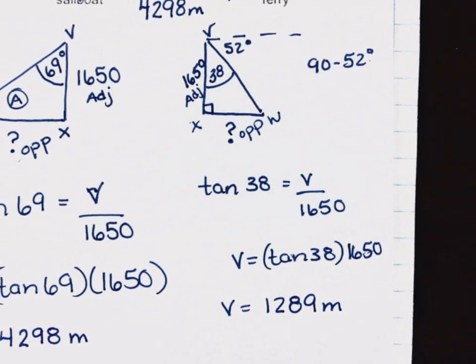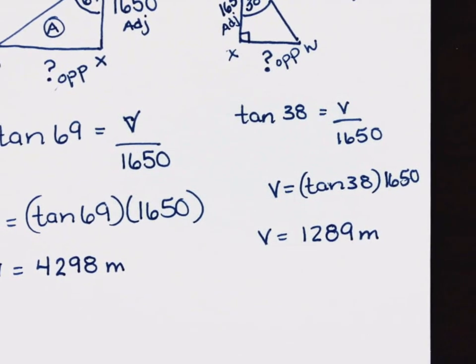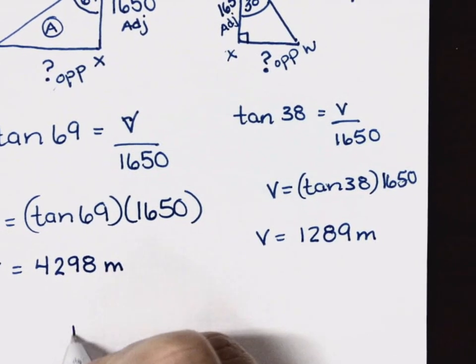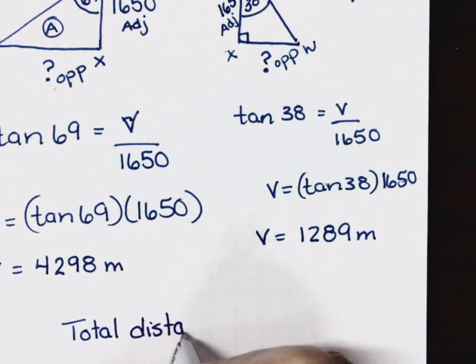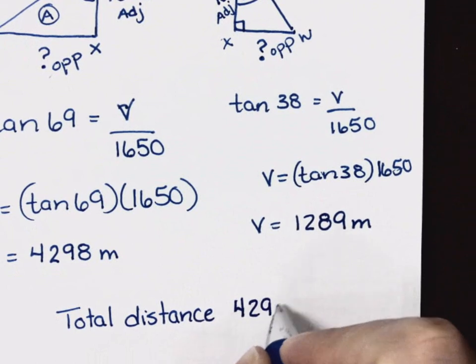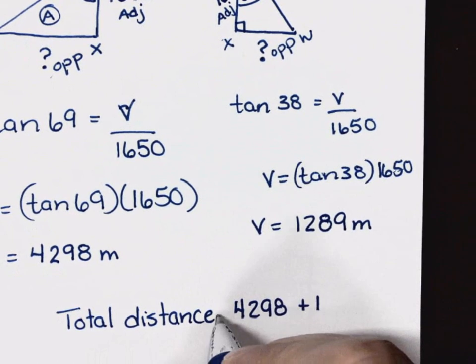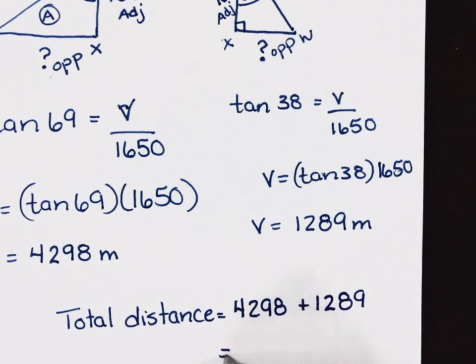Okay, so how do I find my answer? Add those two together, right? So the total distance is going to be 4,298 plus 1,289.